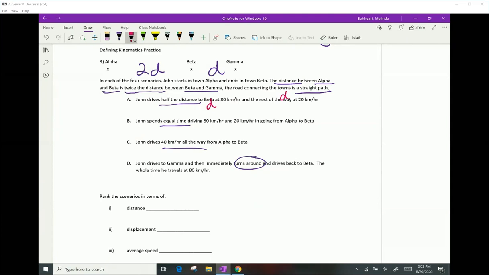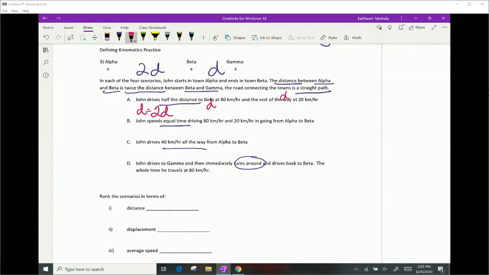And if we look at, nope, hold on, I was going to speed. Let's do distance first. So what would the distance be from alpha to beta? (2D). Or if you want to put some numbers in there, I usually say make up some nice numbers.